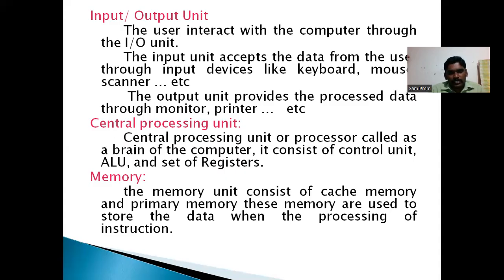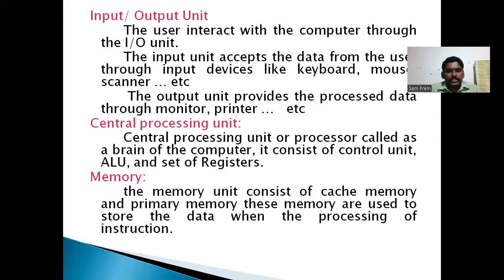After the computer accepts and processes these inputs, it produces the output. The output unit provides the processed data through a monitor or printer. So monitor and printer are the output devices, which show the output to the users.